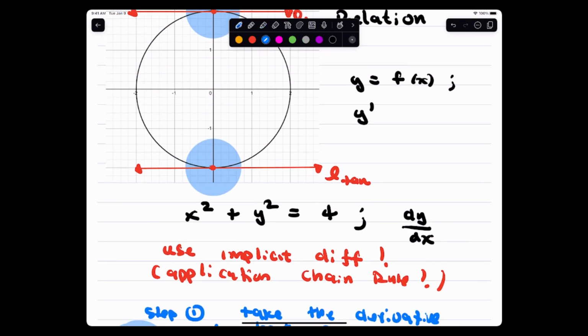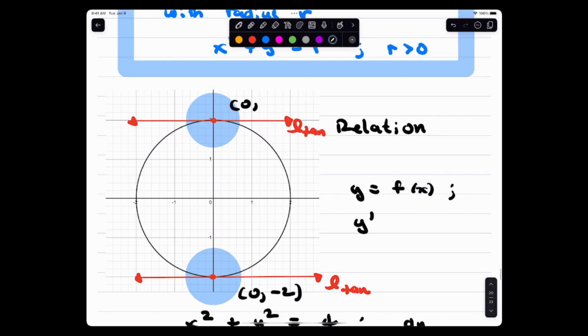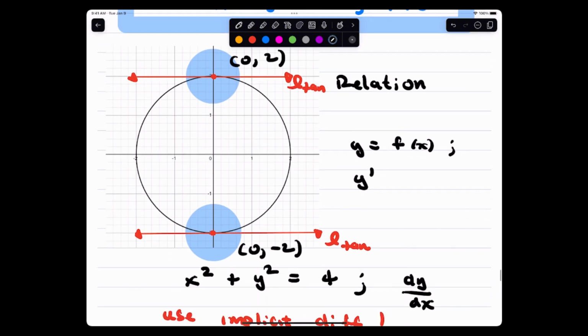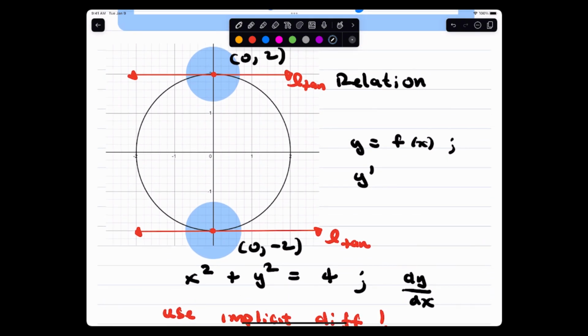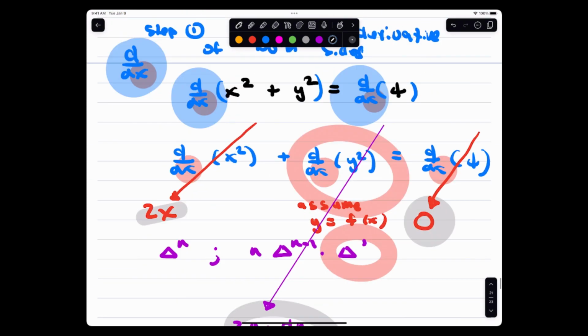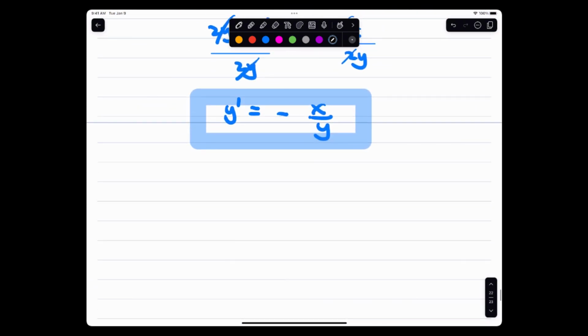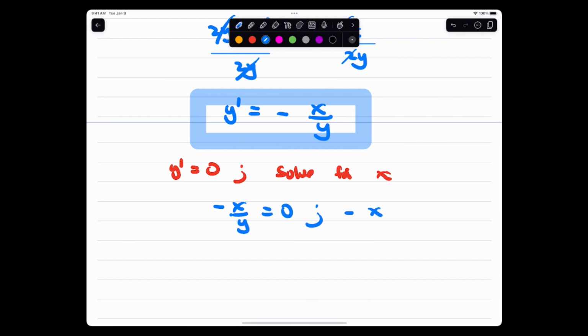This is where x is 0, y is negative 2. Here, this is where x is 0, y is 2. So graphically, I can find those horizontal tangents. But how did we do it before? You set this what again? Derivative equal to 0. Solve for x. So that means negative x over y equals 0. What does that mean? That means x is what? 0.